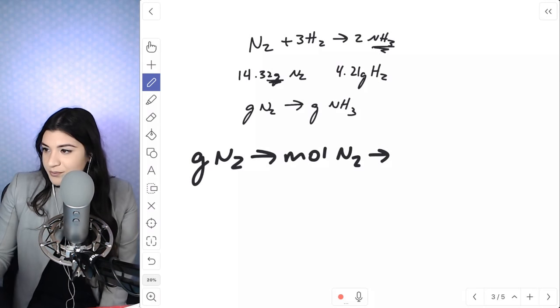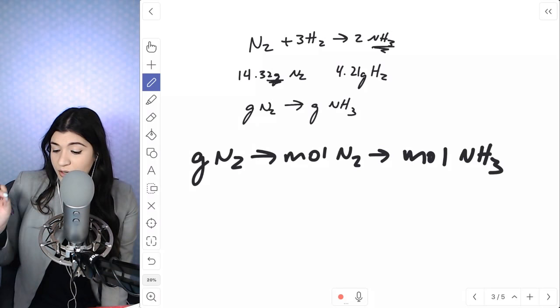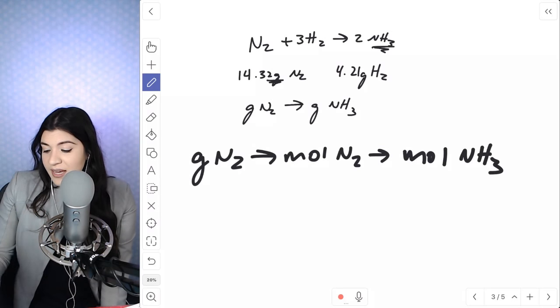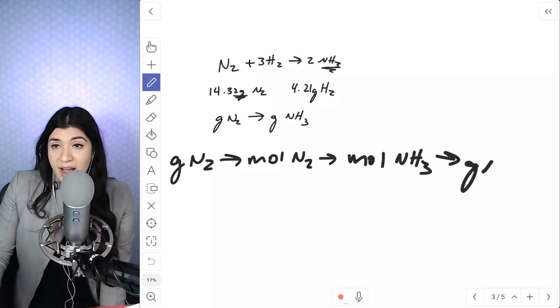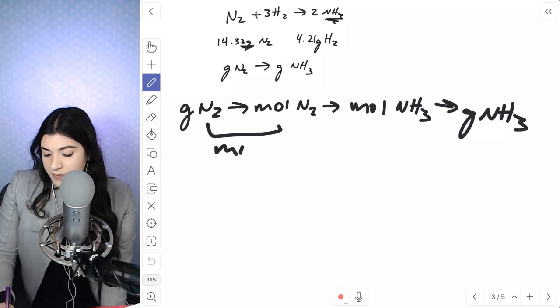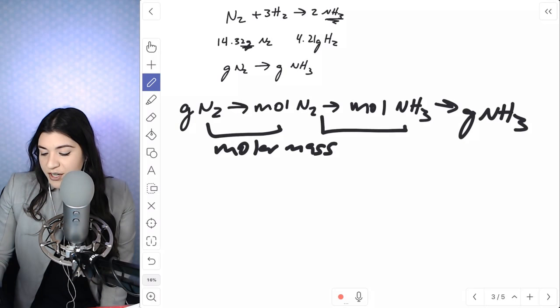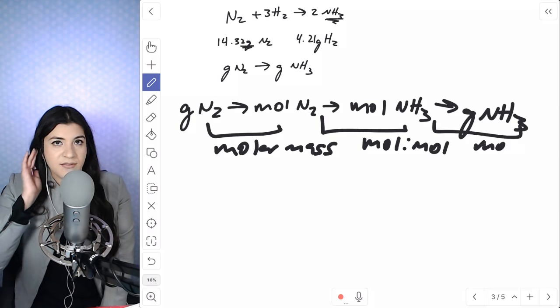So moles of NH3 is where we want to get to next, since we're trying to get to grams of NH3. And then lastly, we'll go to grams of NH3, which comes from using the molar mass. So this first step uses the molar mass of N2. The next step, mole to mole, will just be a mole to mole ratio. And then this last step would be moles to grams, which is just using the molar mass, however of NH3 this time.